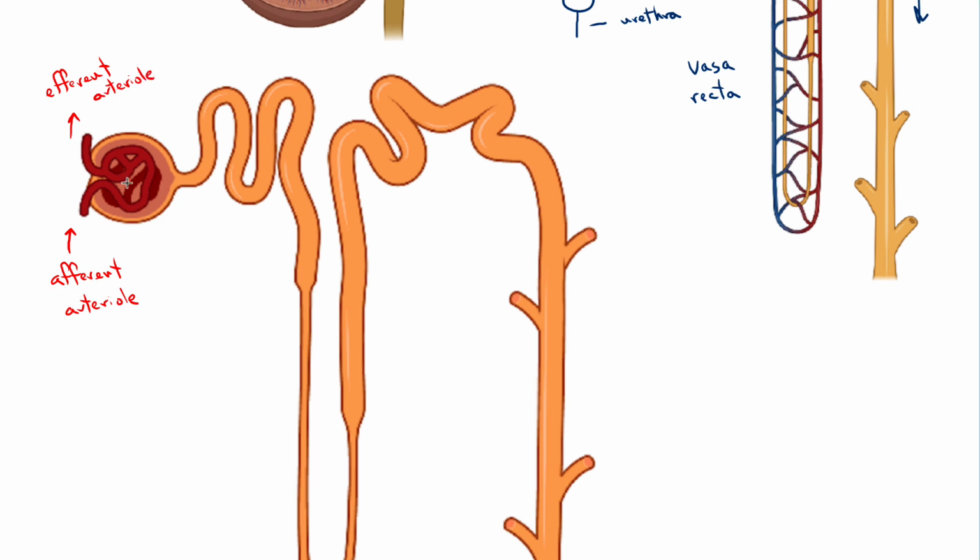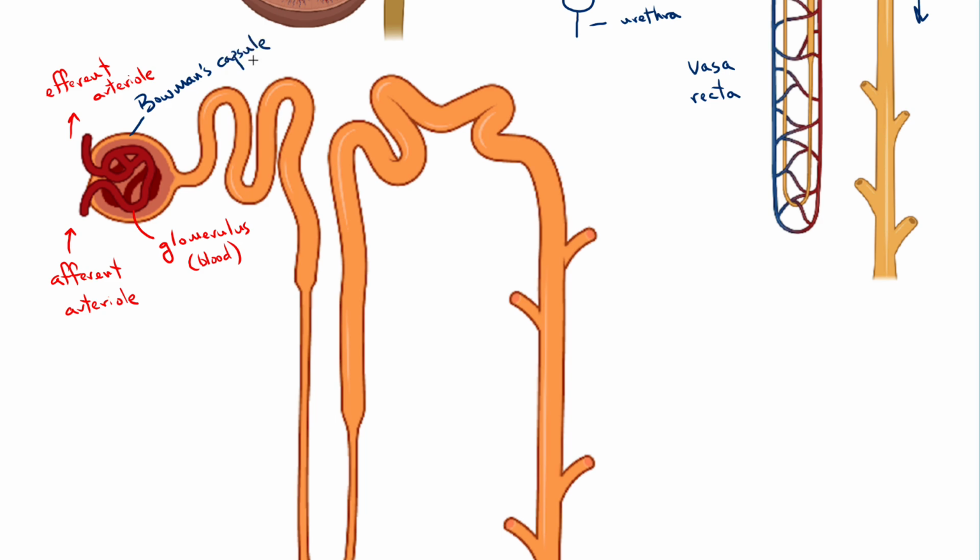And in here, this part is called the glomerulus. So the glomerulus is a ball of capillaries, and it's carrying blood. And it's fed by the afferent arteriole, and then the efferent arteriole leads away. This part here, which forms a cup surrounding the glomerulus, is called Bowman's capsule.